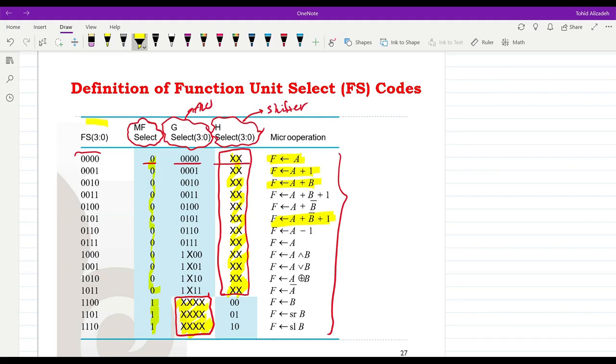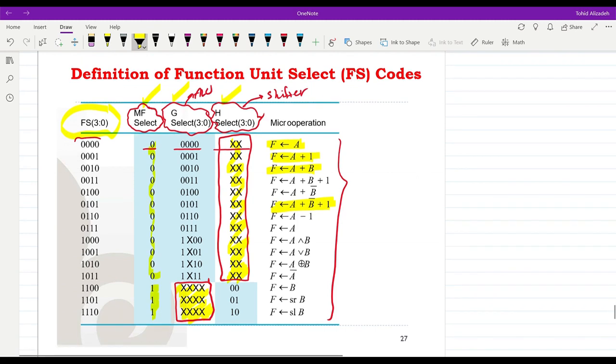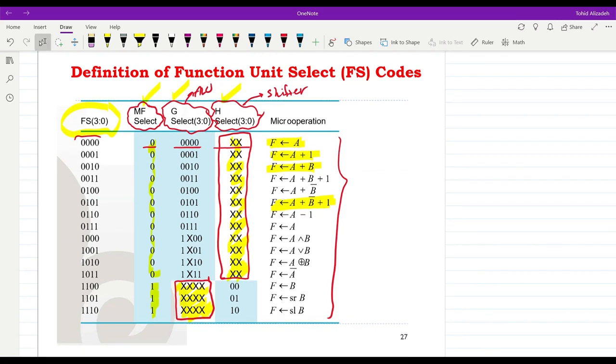The input side will be FS, and on the output we can find the expression for MF select, for the bits of G and for the bits of H, and then we can implement the combinational logic circuit which is required in order to obtain MF, G, and H signals out of the function select. And therefore, by providing the proper code to function select, the proper desired micro operation will be performed.